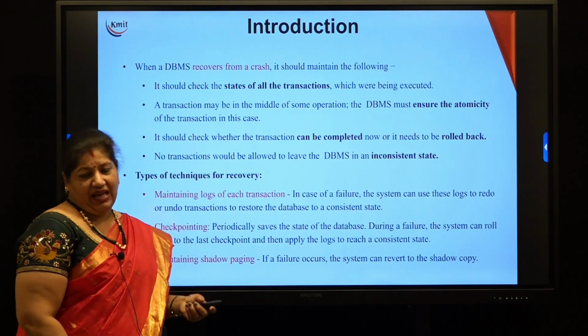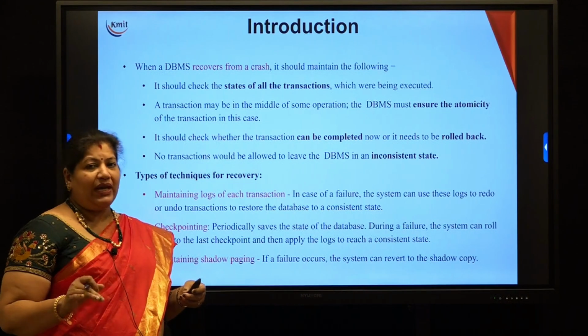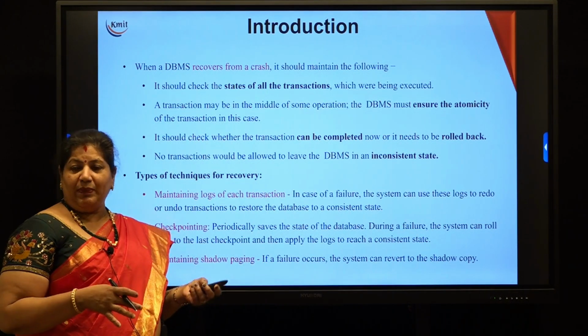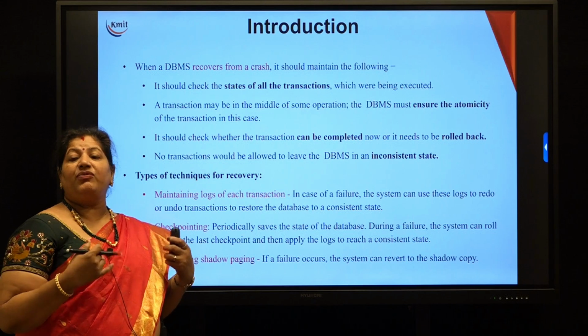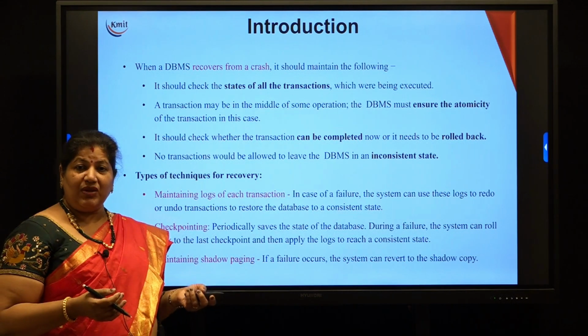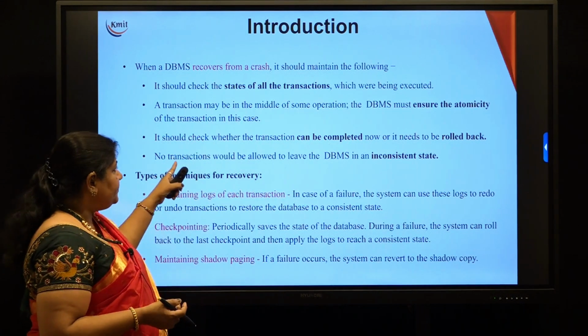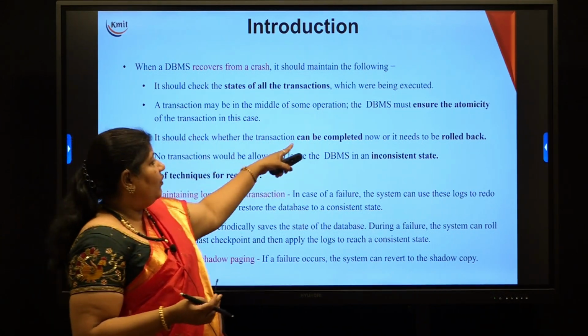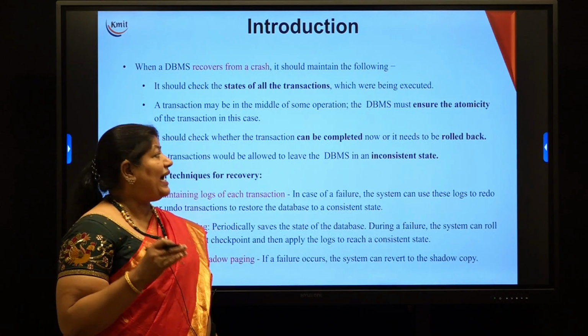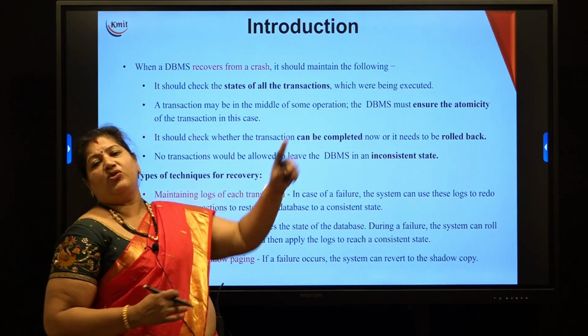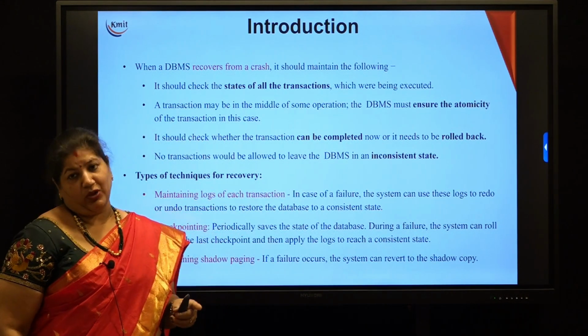Either if it has almost completed and only commit was pending, maybe you will be able to commit it, or otherwise if it was half done, you have to revert everything. All these things depend, so it has to ensure atomicity. It should check whether the transaction can be completed or needs to be rolled back depending upon the situation.